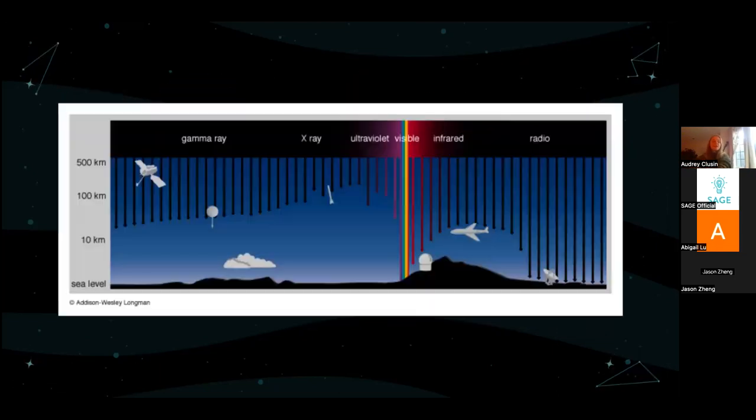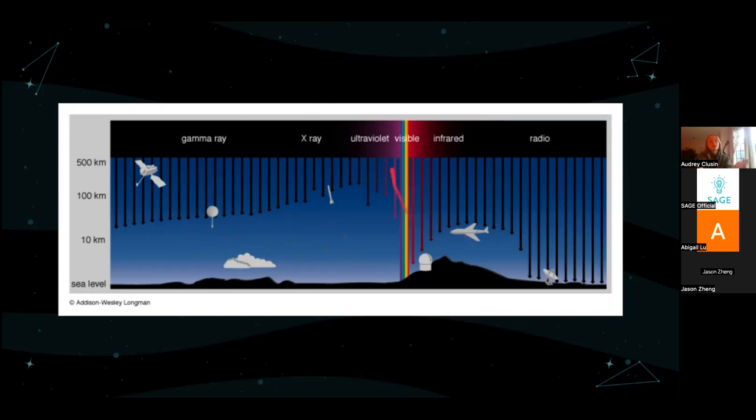Anyways, we're going to talk a little bit about observatories. I think I talked about it last week, but the atmosphere actually stops a lot of wavelengths of light from getting into the atmosphere. So if you wanted to observe faraway objects that are emitting X-ray light on the surface of the Earth, you wouldn't be able to, because the atmosphere blocks out a lot of electromagnetic radiation.